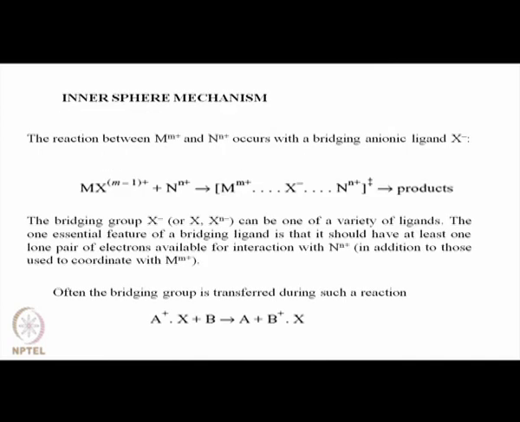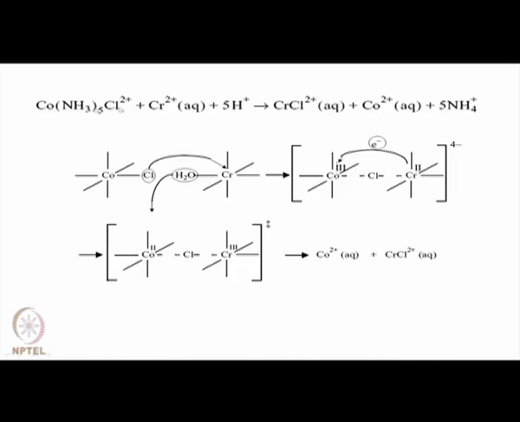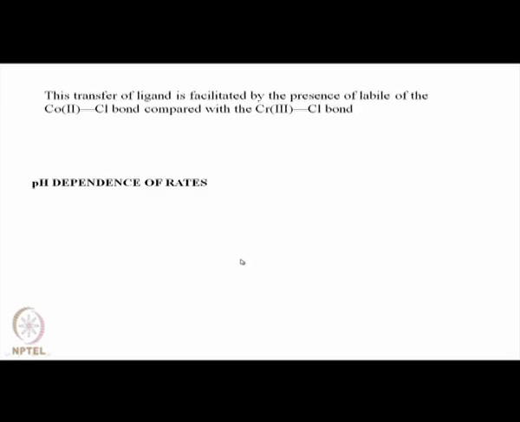For the inner sphere mechanism, we took the example where chloride acts as a bridging ligand facilitating electron transfer, and at the end of the reaction chloride is transferred from cobalt to chromium. So, that is all about electron transfer reactions.